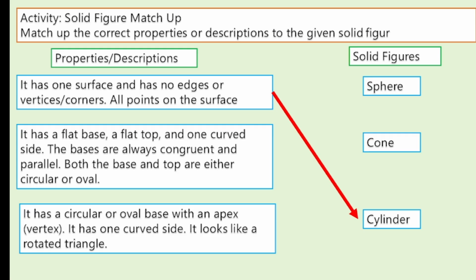Next, it has a flat base, a flat top, and one curved side. The bases are always congruent and parallel. Both the base and top are either circular or oval. Cylinder. It has a circular or oval base with an apex or vertex. It has one curved side. It looks like a rotated triangle. Cone.